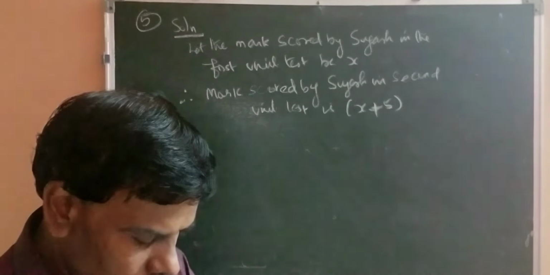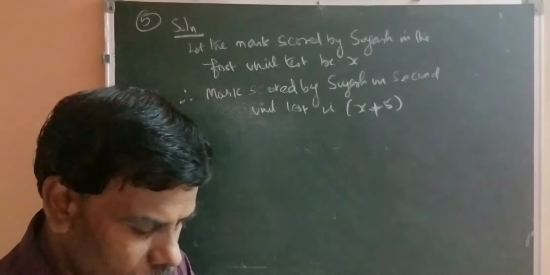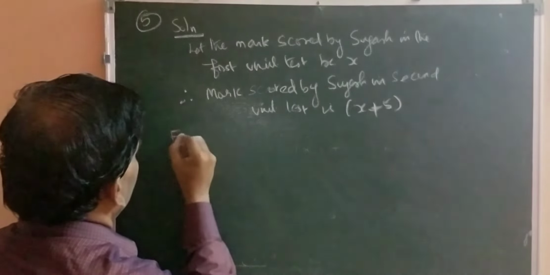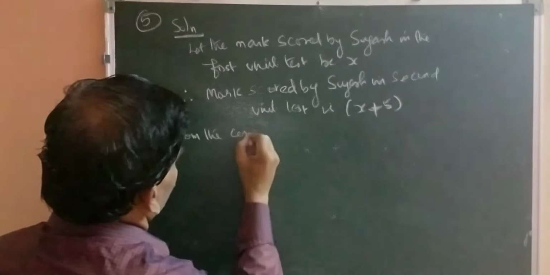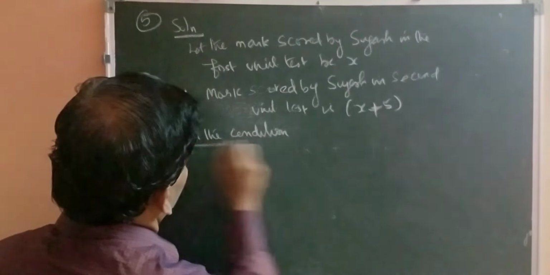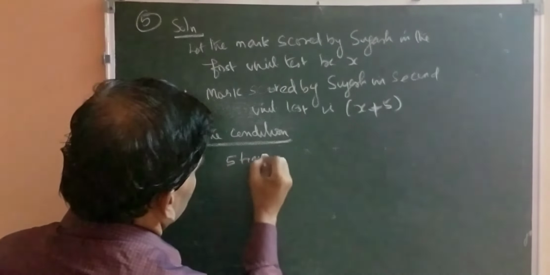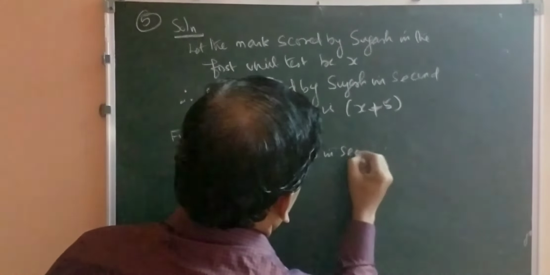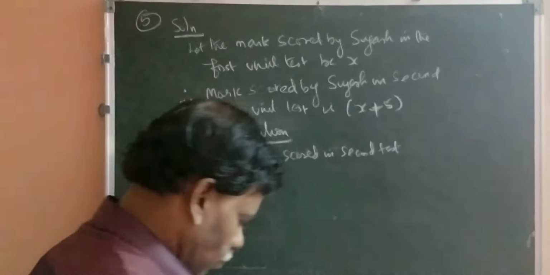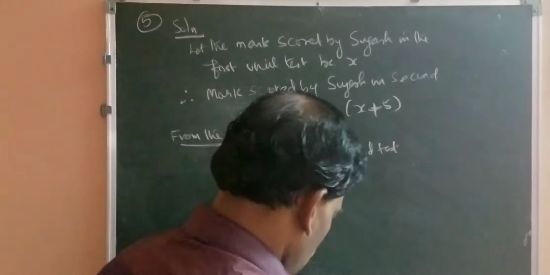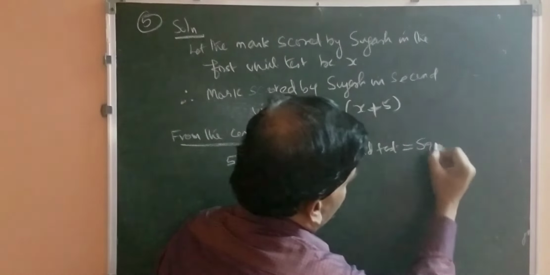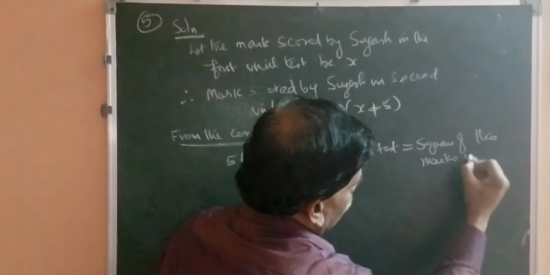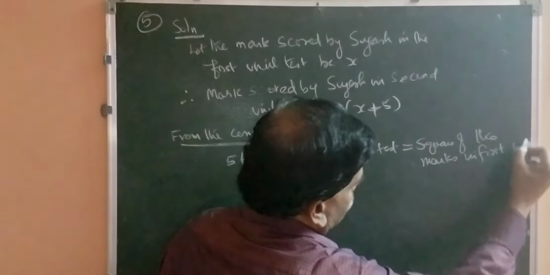Okay. Now the condition is coming. 5 times the marks scored in the second test is equal to the square of the marks in the first test.